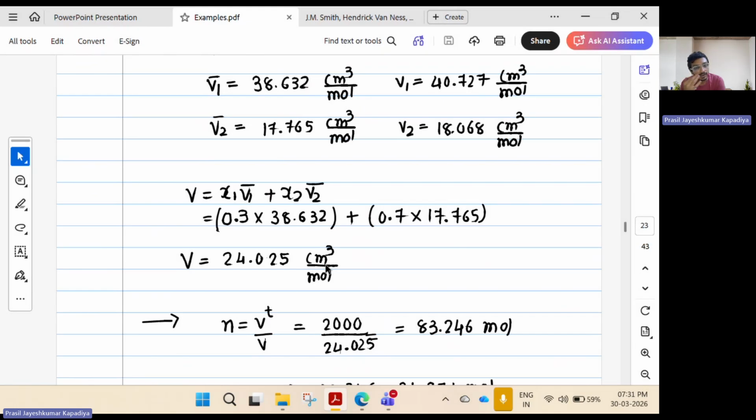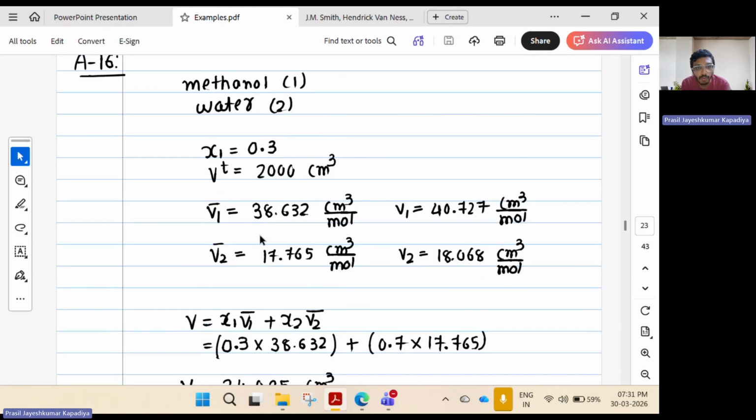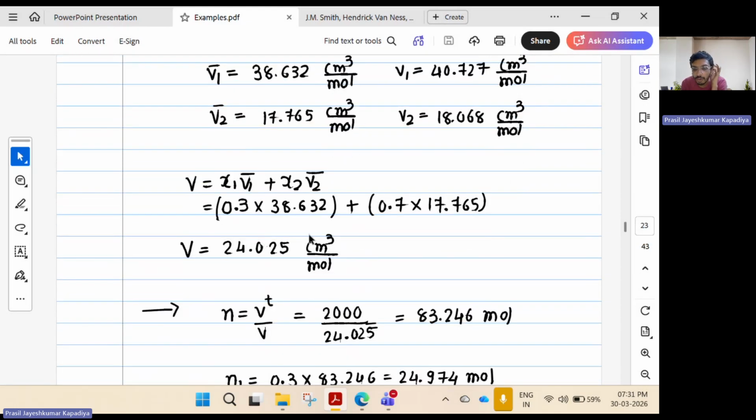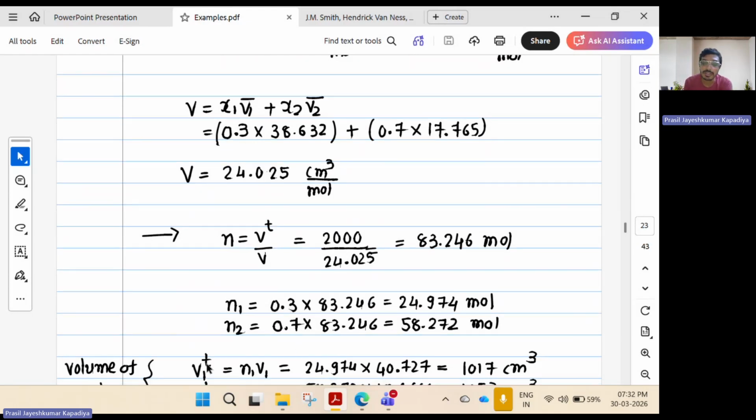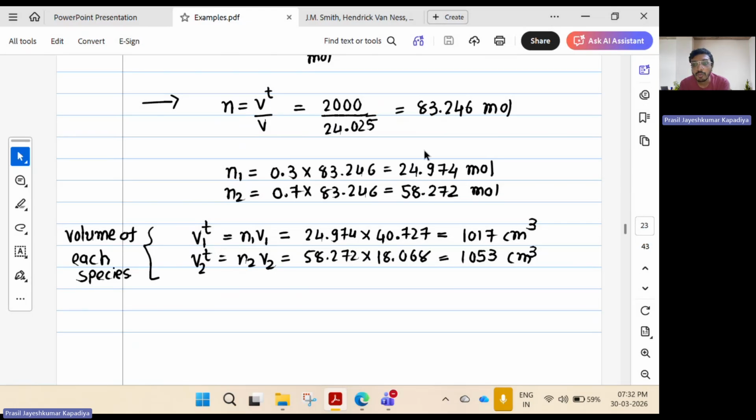This is per mole, so I need to find the total number of moles. The total number of moles will be the 2000 volume we need to form, divided by this volume 24.025. So we have a total of 83.246 moles. Now we have mole percent 30% and 70%, so if we multiply individually, we get the individual moles required.